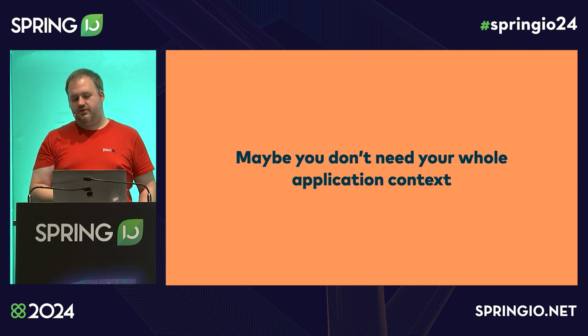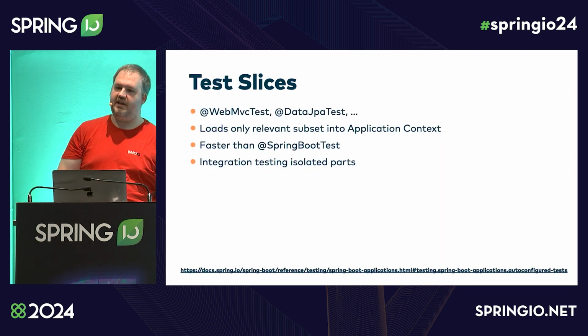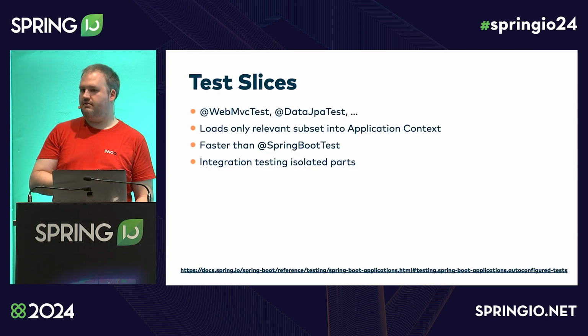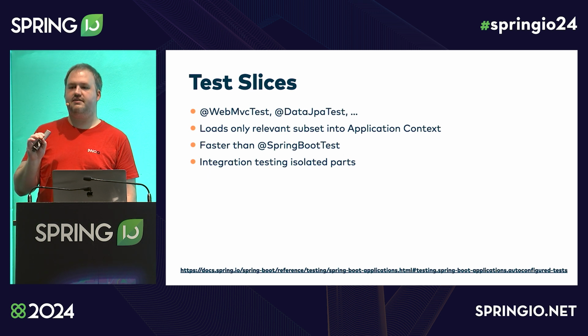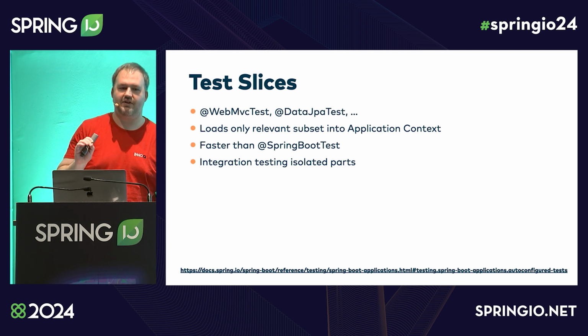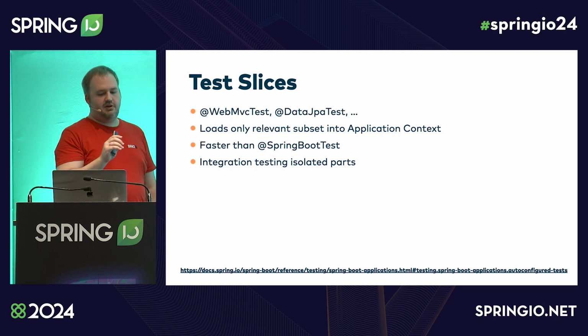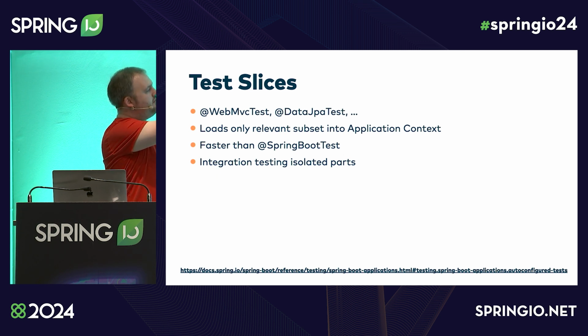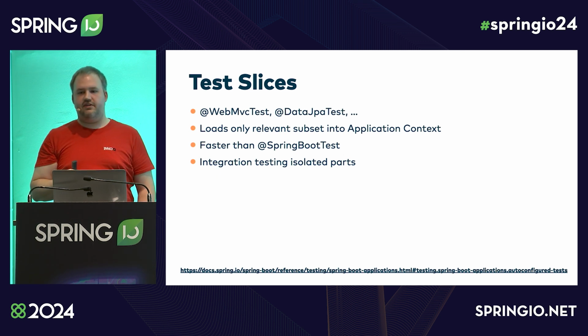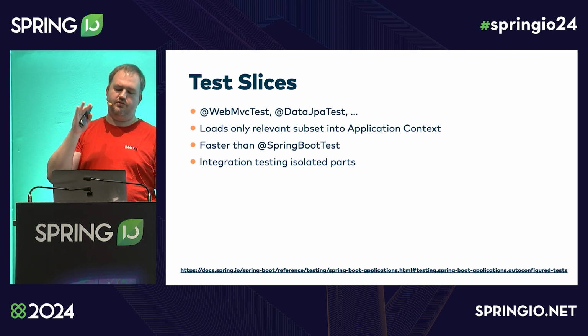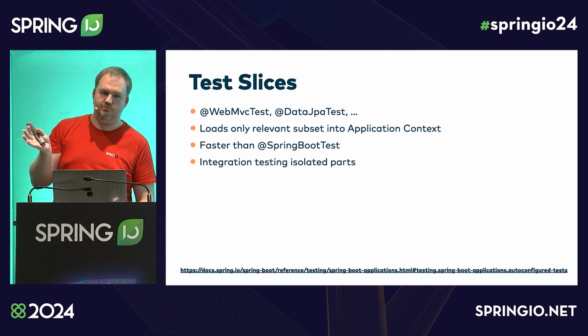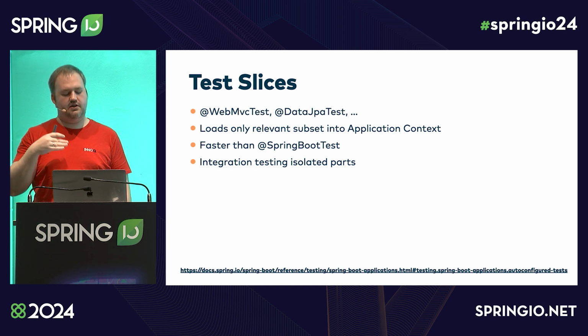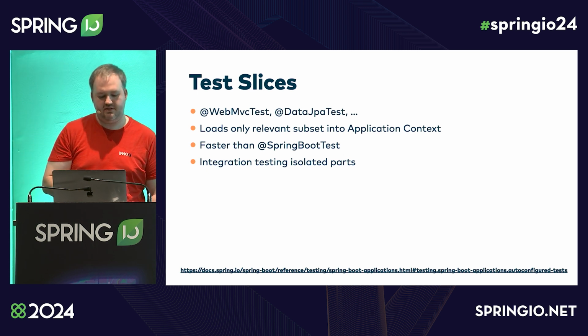I don't know when it was introduced, but nowadays there are these test slices. Who has not seen a test slice yet? Okay, a few. So there are multiple annotations that all end with Test. The best known ones, I would assume, are WebMvcTest and all the data tests, especially DataJpaTest.